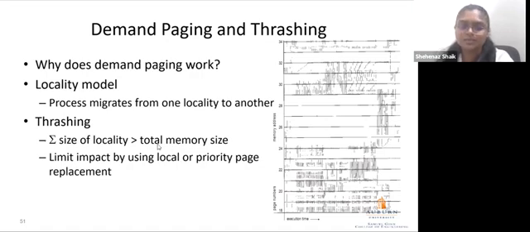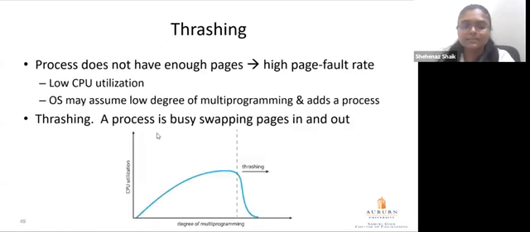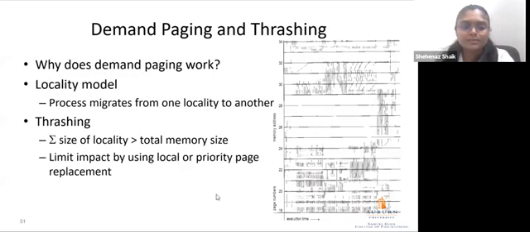And if we cannot accommodate the entire locality of each active process in main memory, then that would result in this thrashing situation where the processes do not have sufficient memory frames allocated, and thereby they request the pages which have been recently swapped out.